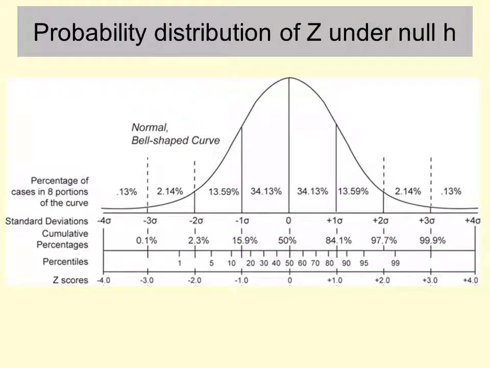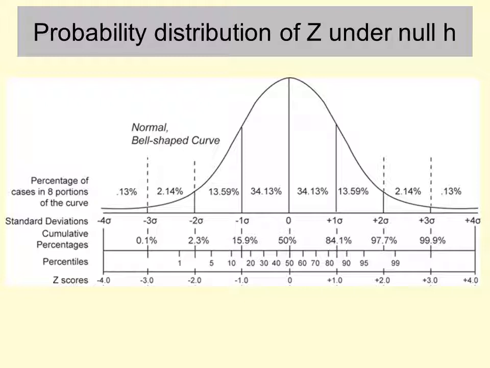Now let's just take a look at Z-stats again. What we're doing in the previous few slides is calculating Z-stats. This graphic shows us the most important properties of Z-stats from our point of view.